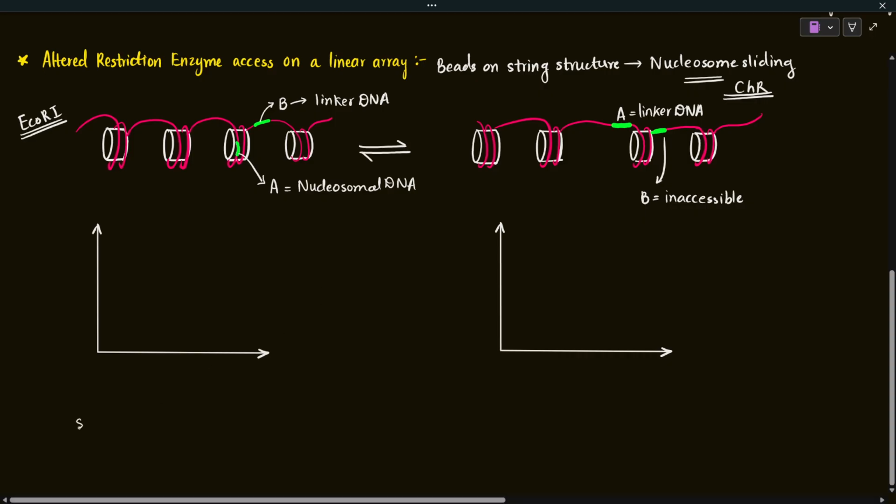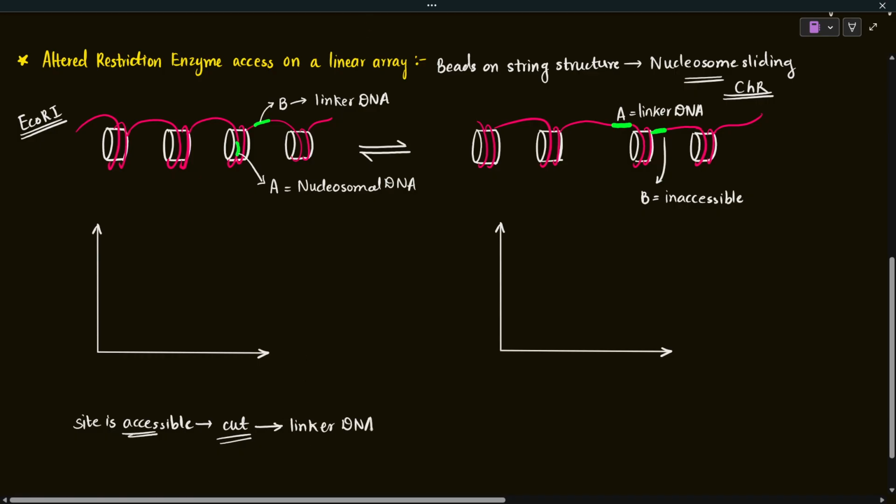If a site is accessible, then it will be cut. When is a site accessible? A site is accessible when it is not in the nucleosomal DNA.